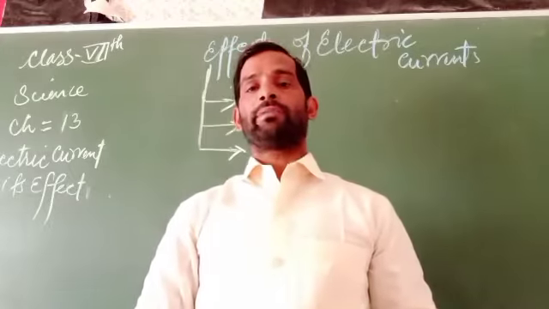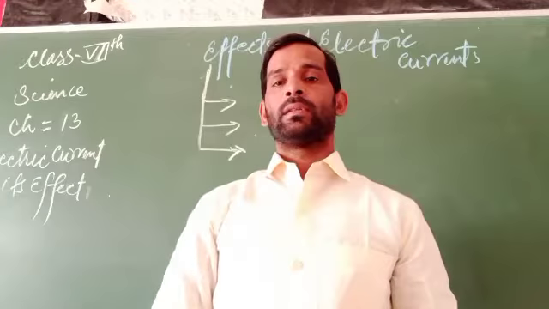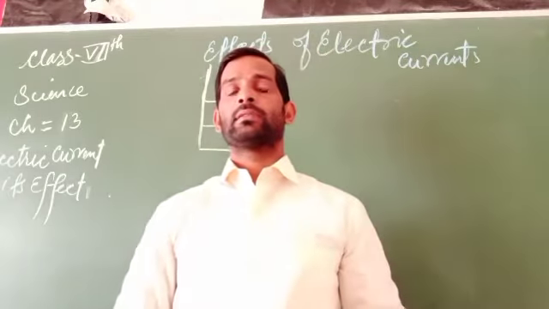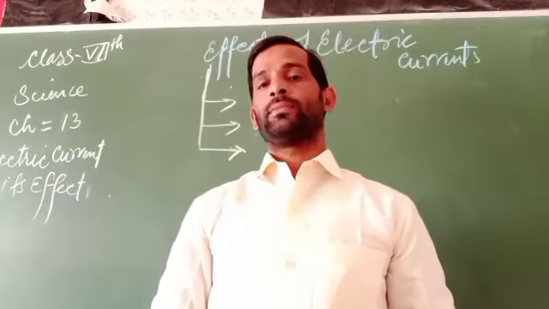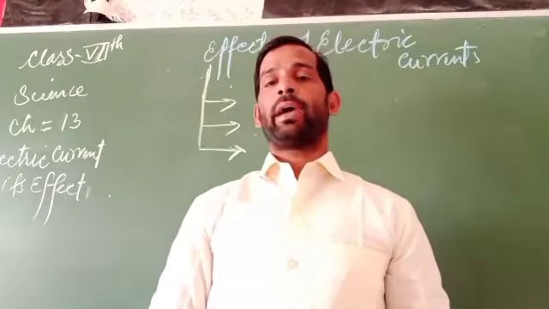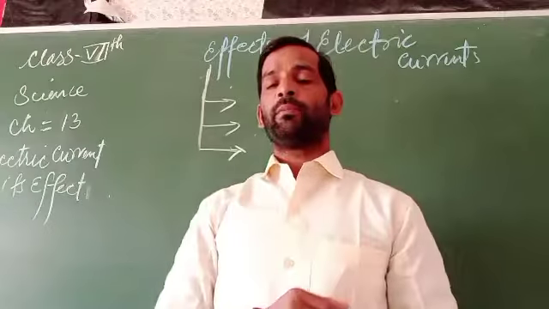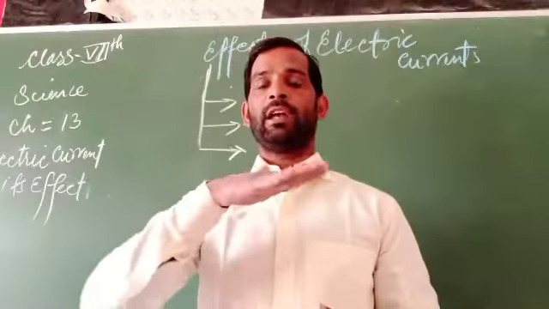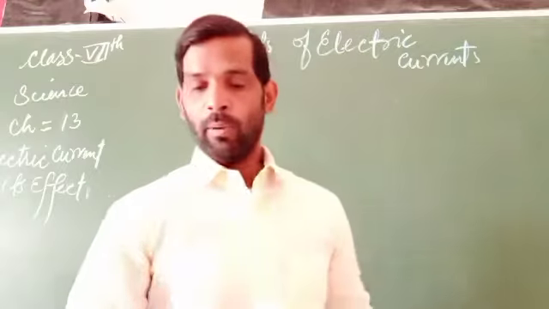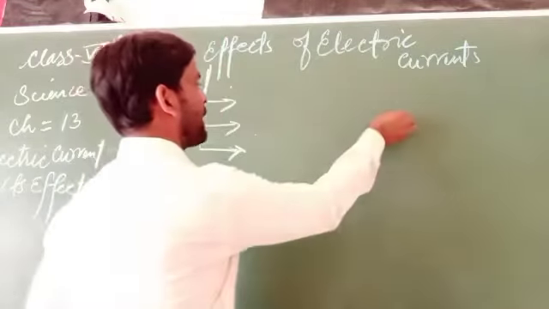Whenever the current goes higher and higher, heat is caused, and due to heat most of the activity takes place. In case of an iron, there is a filament in the bottom of the iron.